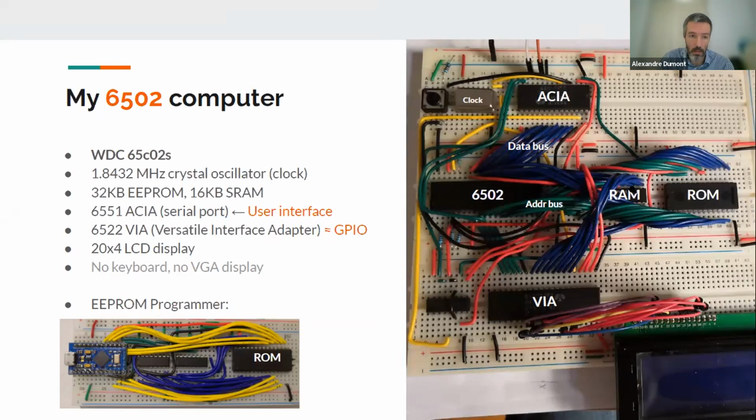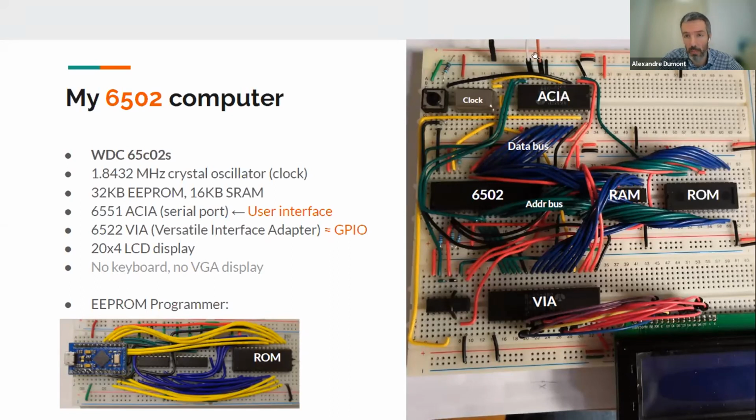Then the computer has 16 kilobytes of SRAM and 32 kilobytes of ROM. And there's also a 6522 versatile interface adapter, which will give 8-bit general purpose I/O ports on the bottom, and at the top there is an ACIA, an asynchronous communication interface adapter. So basically, it's a serial port.